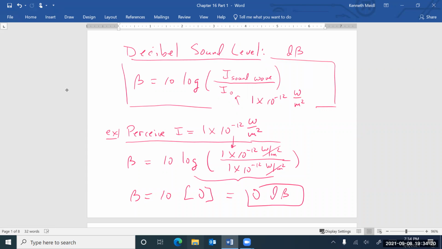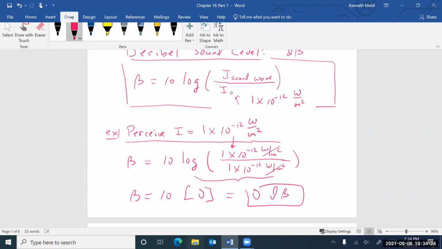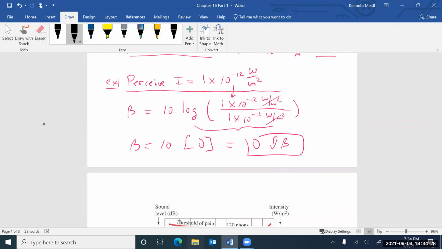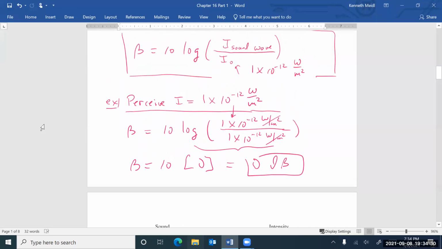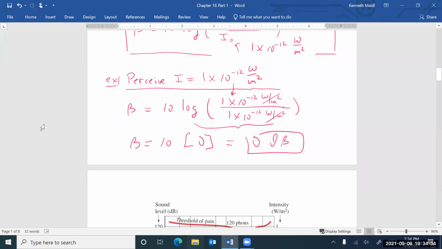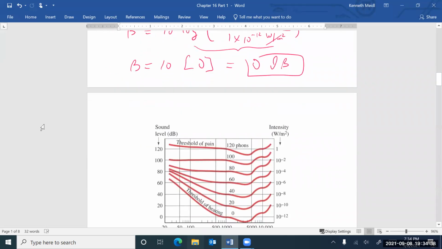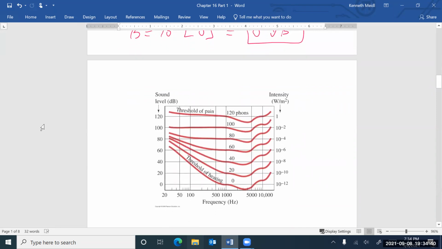Now, if we put in some sort of perceived sound that is quite a bit more intense, I'll try another example in a minute. Let's take a look at this. It does show that human perception of sound is a little bit frequency dependent.